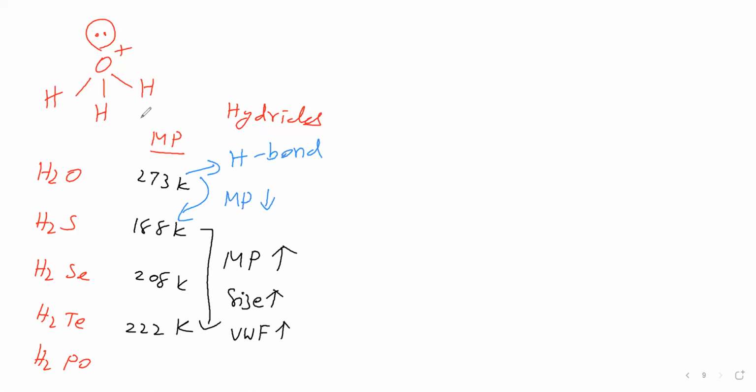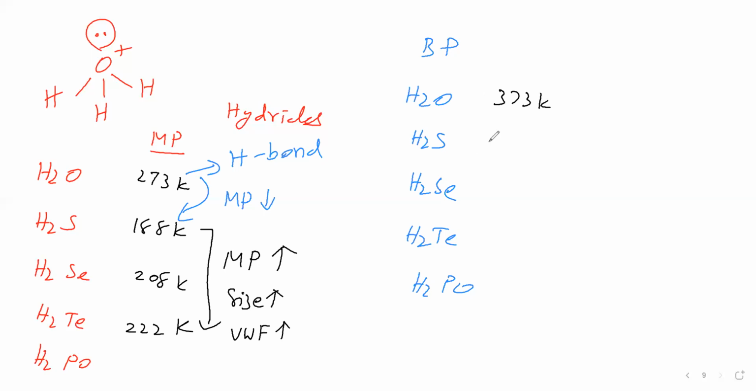Then we'll see the boiling point of these hydrides. Now we are going for boiling point. We'll take water, hydrogen sulfide, hydrogen selenide, hydrogen telluride, hydrogen polonide. Boiling point of water is 373 Kelvin. H2S is 213 Kelvin.